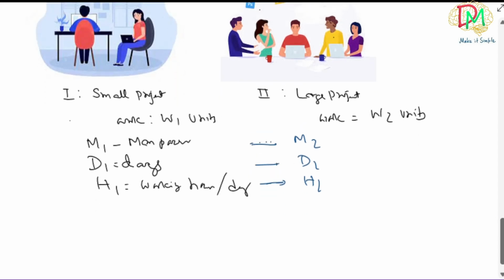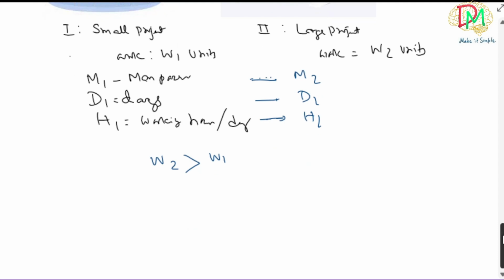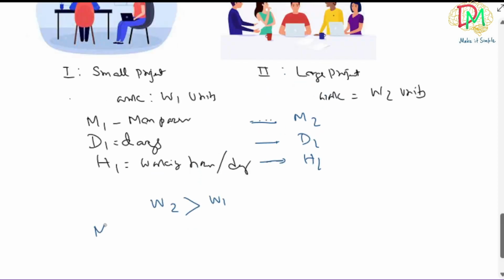So it is very clear that when the project is large, the man hours required is also large. If the project is small, then the man hours required is less. So in the above example, W2 is greater than W1, and the man hours for the second project is also large.